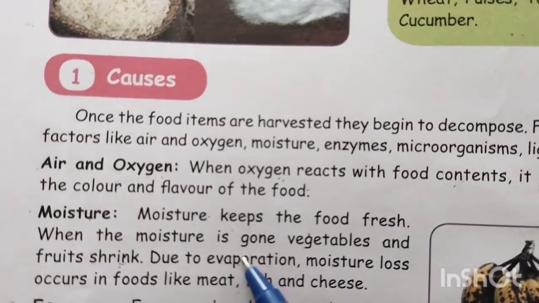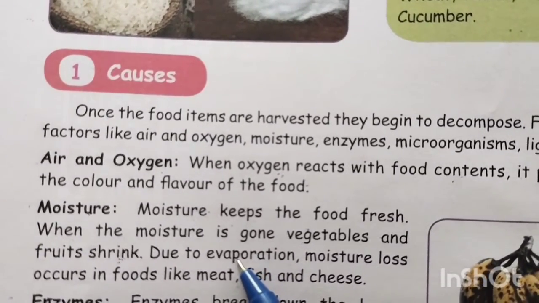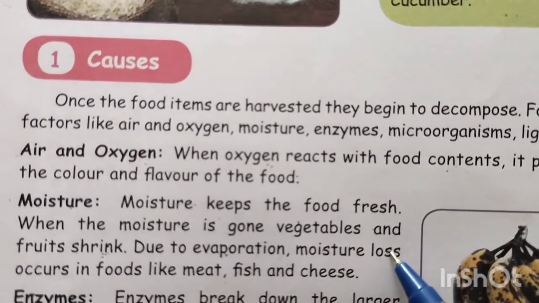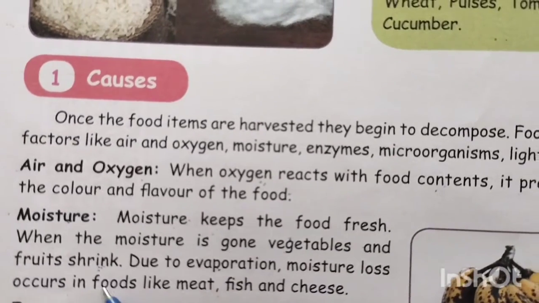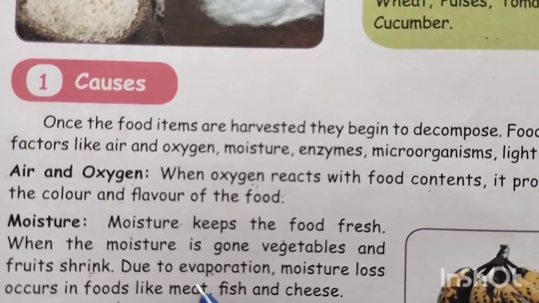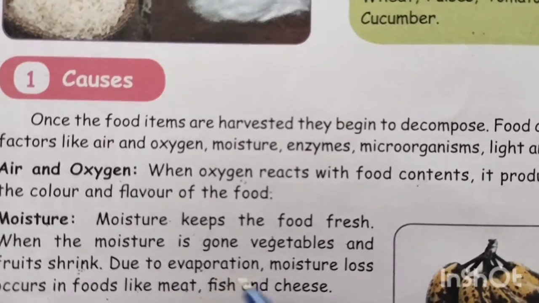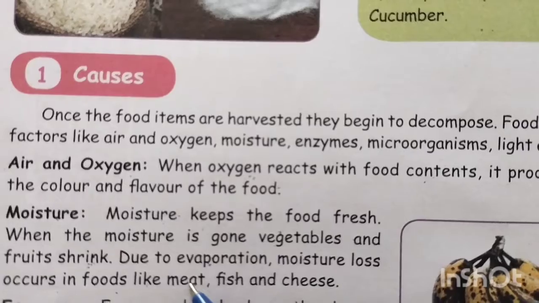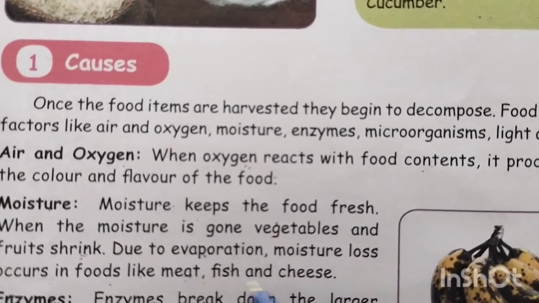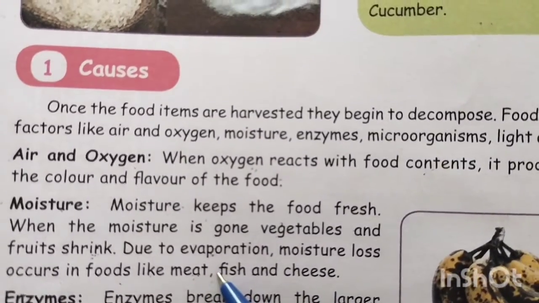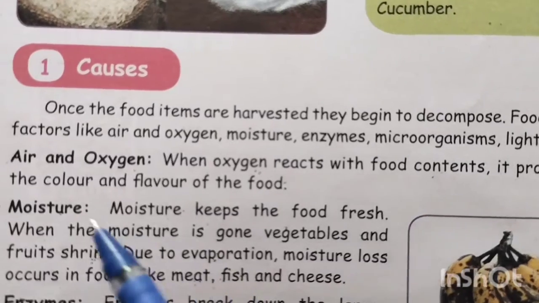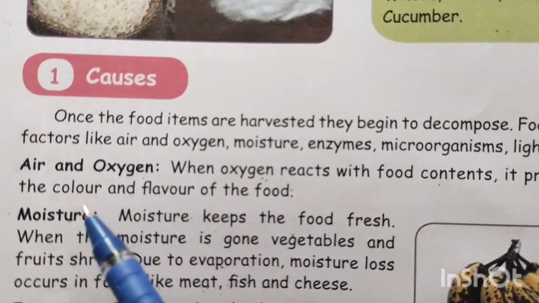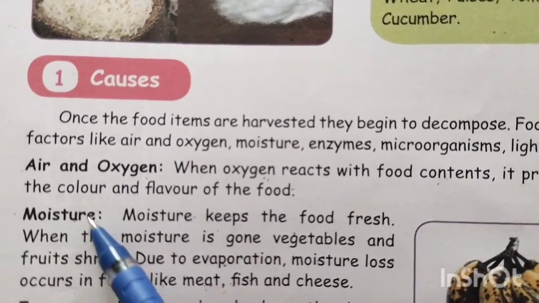Evaporation means losing the water content. So moisture loss occurs in foods like meat, fish and cheese. The loss of moisture content in this food spoils this food. So loss of moisture is one of the reasons for the spoilage.